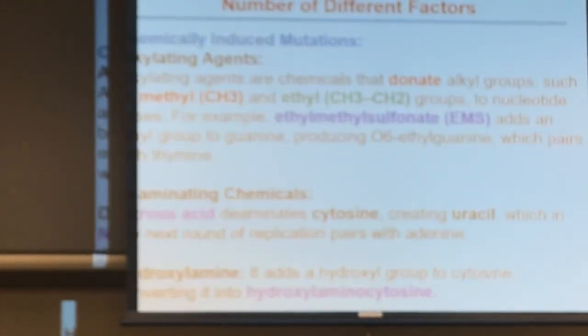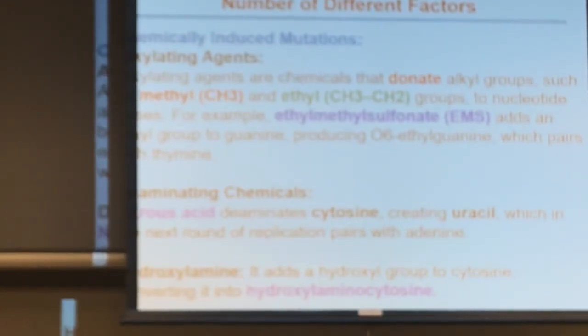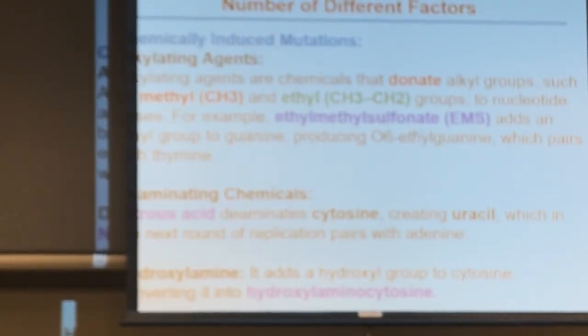Okay, the other one is alkylating agents. Alkylating agents usually donate their methyl group or ethyl group. These methyl and ethyl groups donated by the alkylating agents are added to the nucleotides with the help of ethyl methyl sulfonate. So this has the ability to add the methyl group or the ethyl group to the bases.